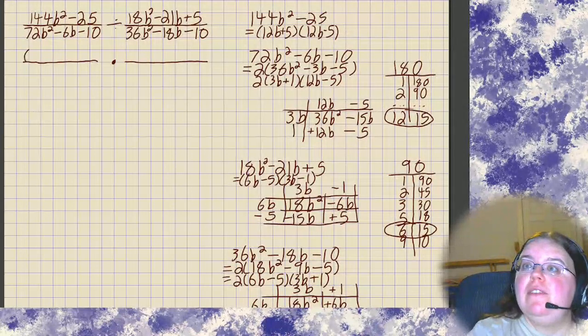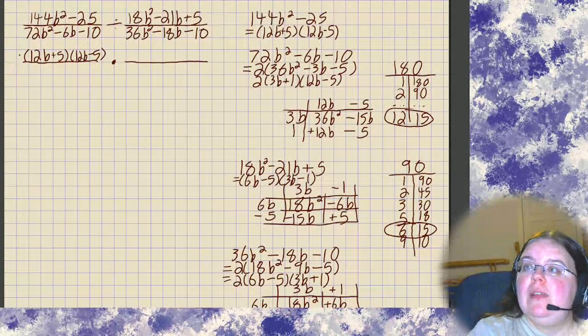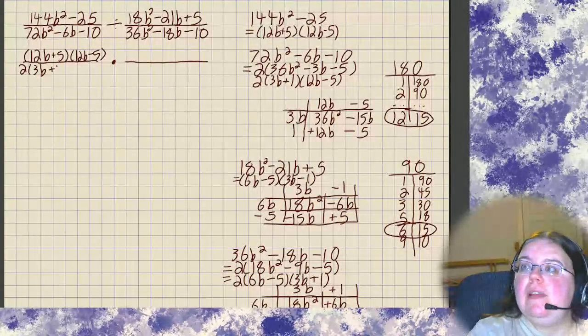So I'll rewrite this one as 12b plus 5 times 12b minus 5 because it's a difference of squares, and this one as 2 times 3b plus 1 times 12b minus 5.